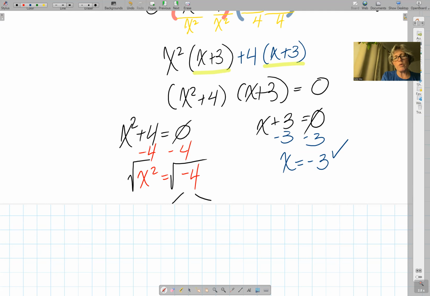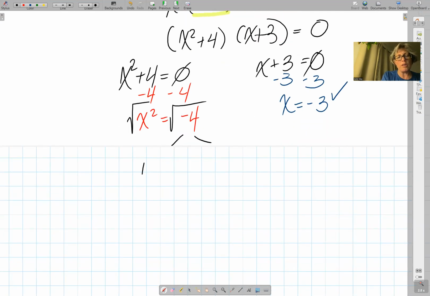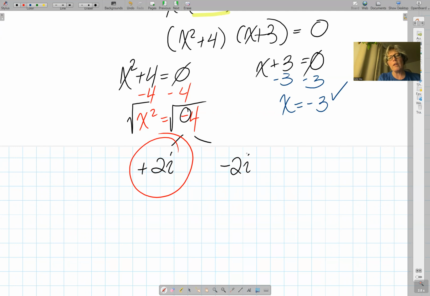But whenever you're doing a square root, you have to watch out that there is both a positive and a negative version. Square root of 4 is 2, but we do have the square root of a negative 1 there. So we have positive 2i and negative 2i. So for this particular problem, your zeros are positive 2i, negative 2i, and negative 3.